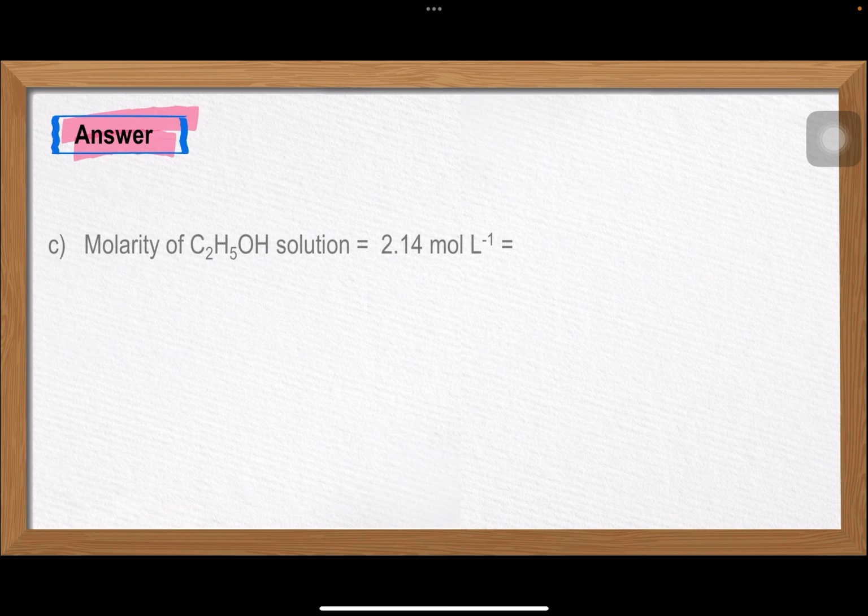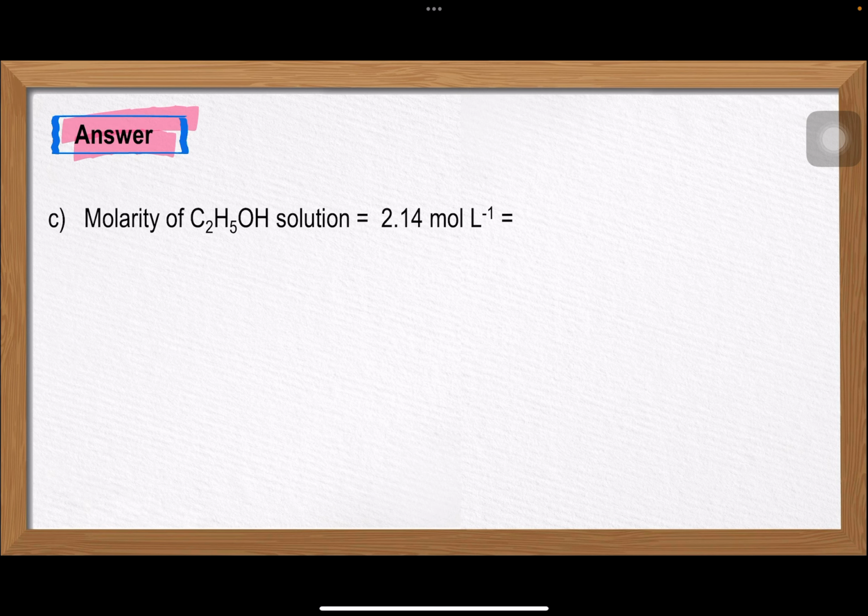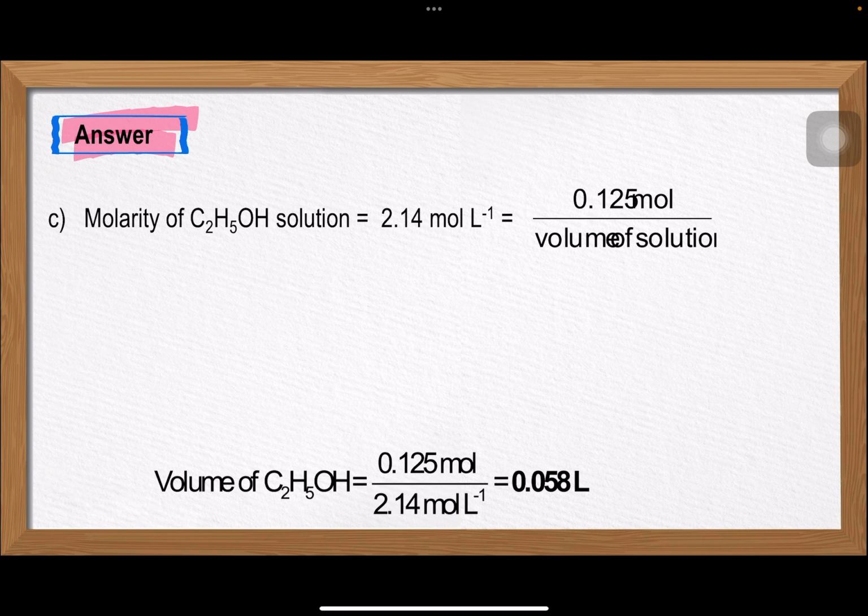So from here, molarity we already have 2.14 molar. 2.14 molar means mol per liter. For 1 liter of solution have 2.14 mol. Okay. So for 0.125 mol, how much volume? Use the formula of molarity to identify the volume.